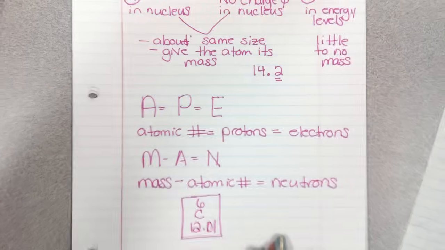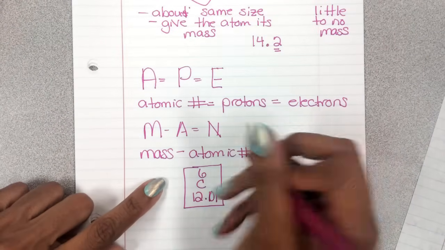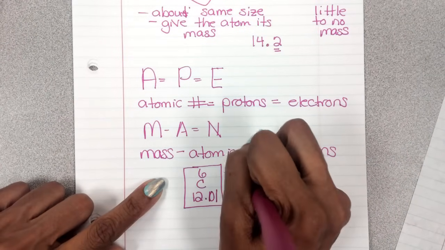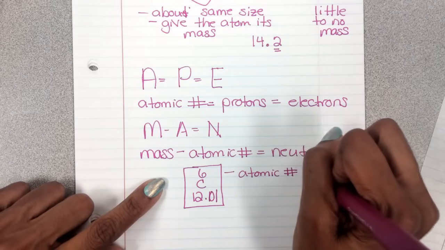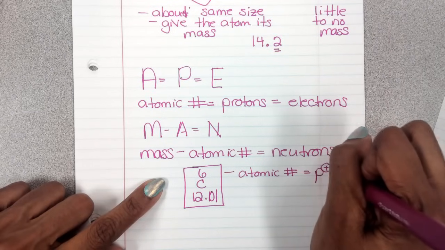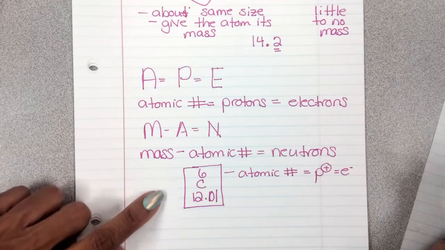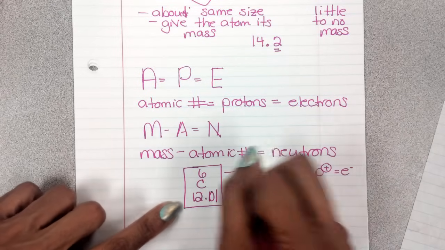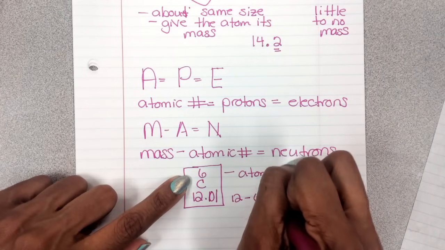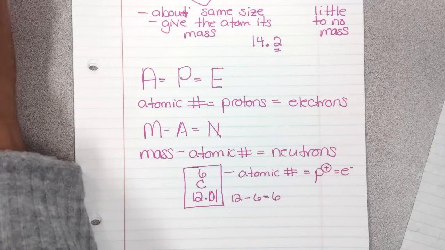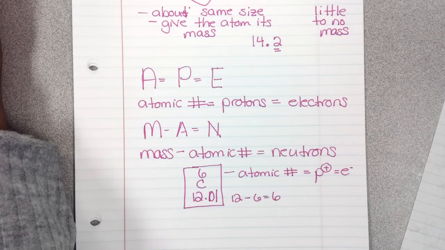So for example, I drew out the little box for carbon. This is your atomic number, which equals your protons, which are positive, and your electrons, which are negative. Then to get your neutrons, you would do your mass, 12, minus your protons, gives you your neutrons.